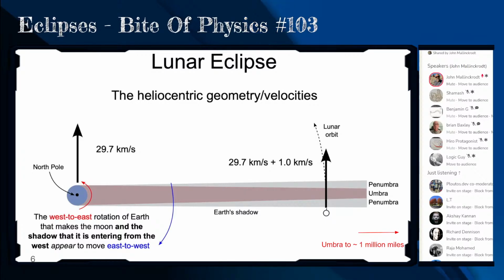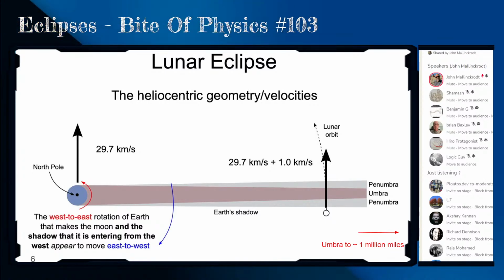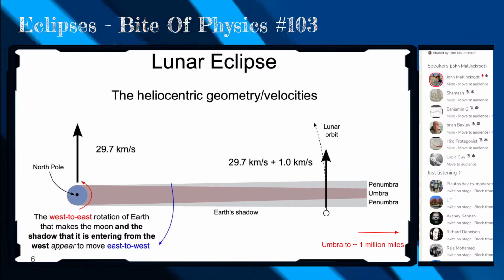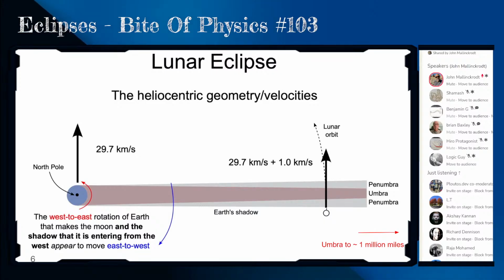There are a couple things that I am representing reasonably correctly here. First of all, look at the umbra and penumbra that I'm showing. The umbra of the Earth extends for about 1,000,000 miles. That's actually easy to calculate because the half-degree size of the sun correlates directly to the umbra having an angle of 1/2 degree.